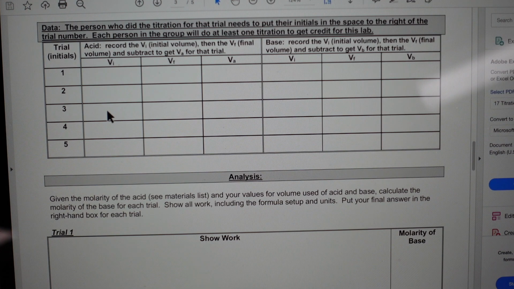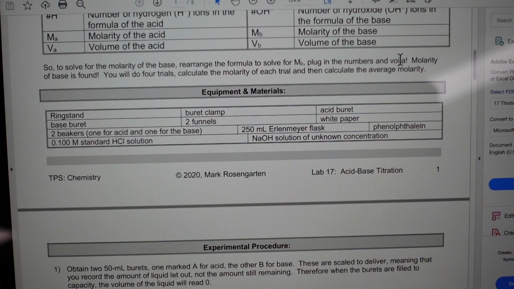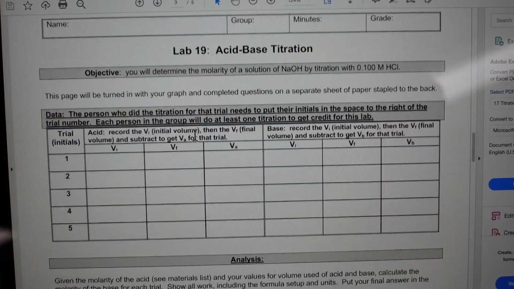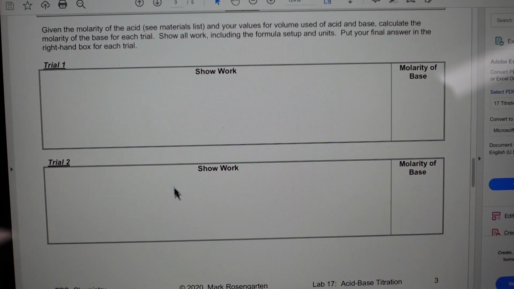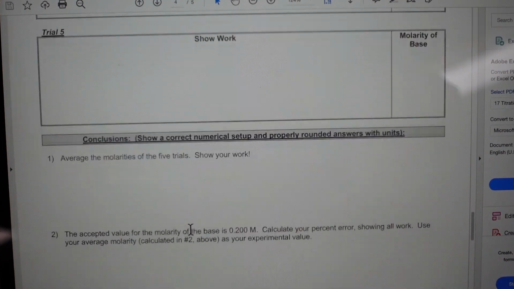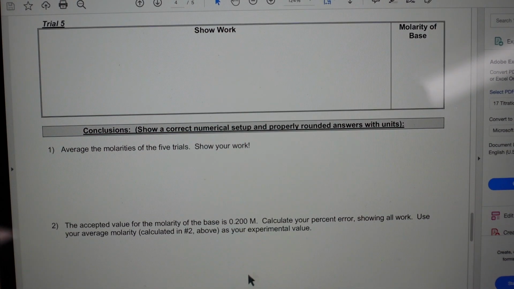We're only going to do 4, and then using the volume of acid and volume of base and the concentration of acid we will be using, which is 0.100 molar HCl solution, we will use the equation MAVA equals MBVB, molarity of acid times volume of acid equals molarity of base times volume of base, to actually calculate the molarity of the base for each of the 4 trials, and then you will average those trials and then calculate the percent error.